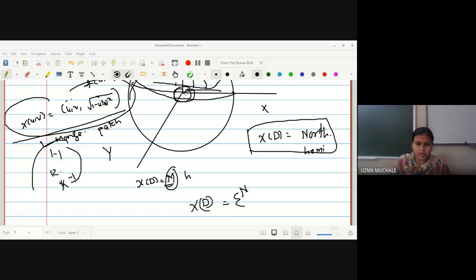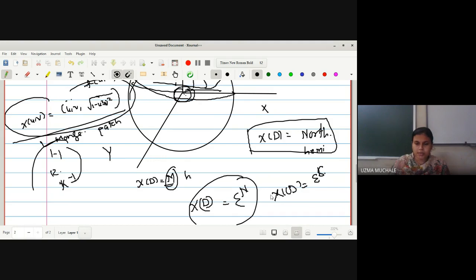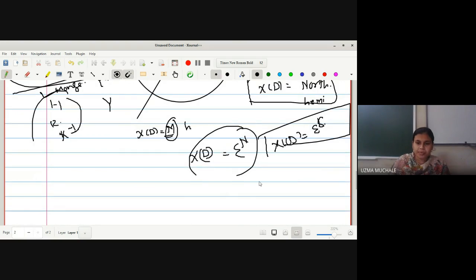Okay, now as we have seen in the last lecture, we found this for the northern hemisphere, then we can do similarly for the southern hemisphere. Then x of D you can find in such a way that it works for the southern hemisphere. So the combination of these will give you the equation of a sphere. So a sphere is an example obtained by combining two simple surfaces.